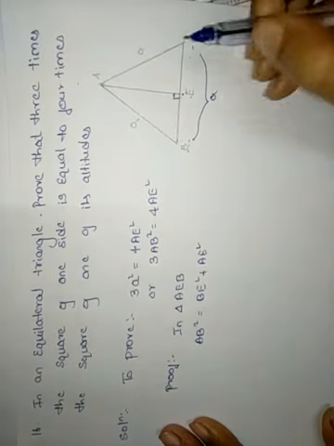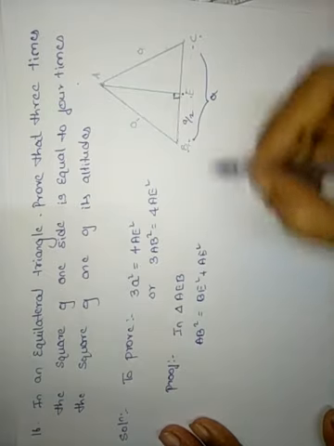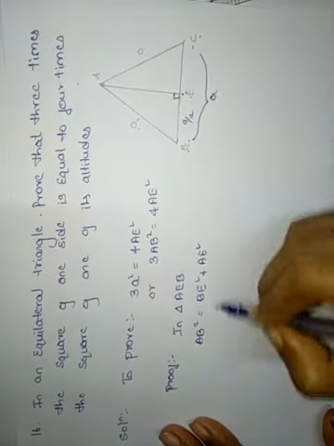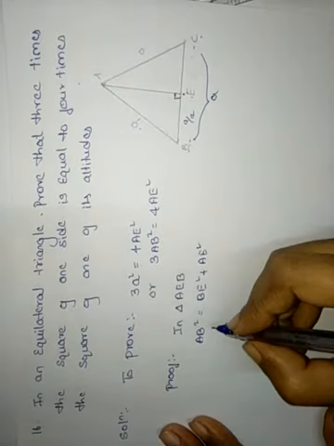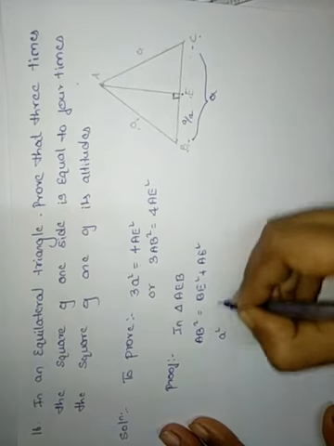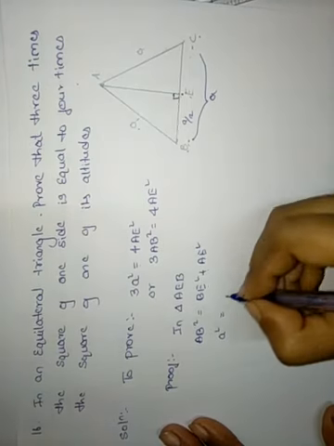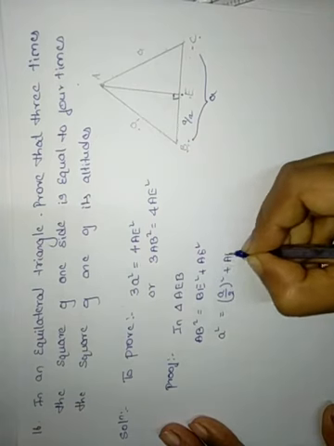So if BC is A, then BE will be A by 2, right? So we are going to substitute these values in this equation. We don't know AE, we'll keep AE as it is. We'll substitute the AB value, that is A square is equal to BE, means A by 2 whole square, plus AE square.